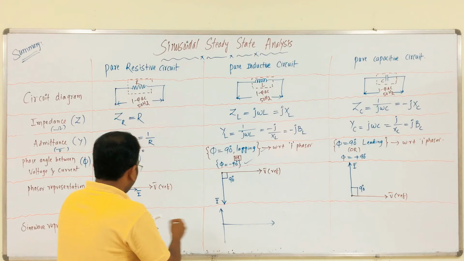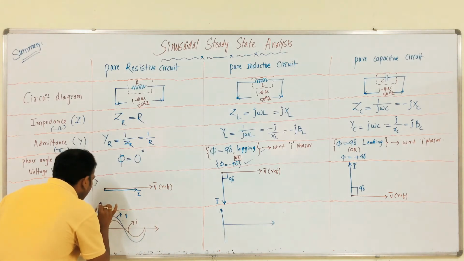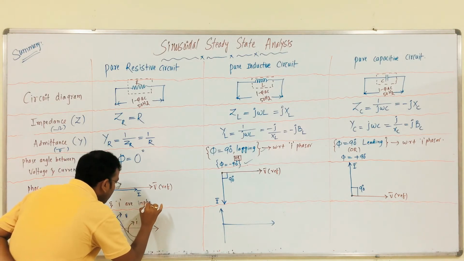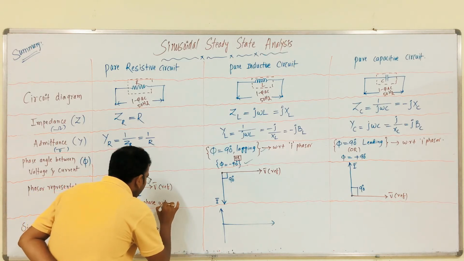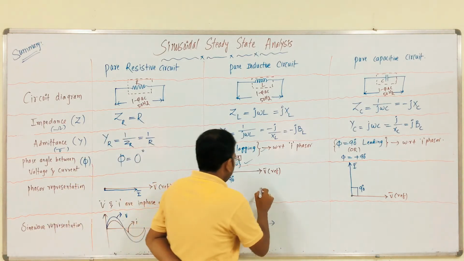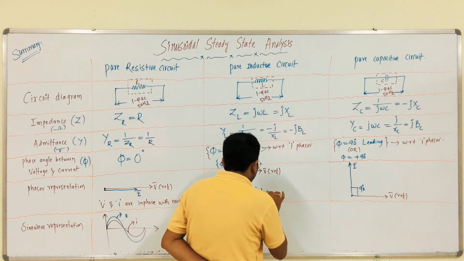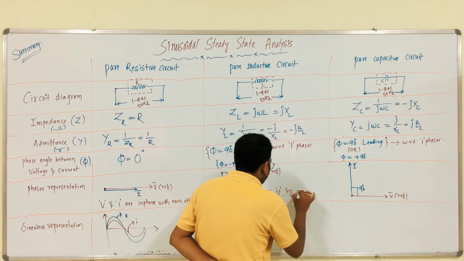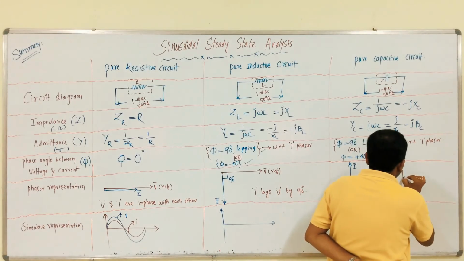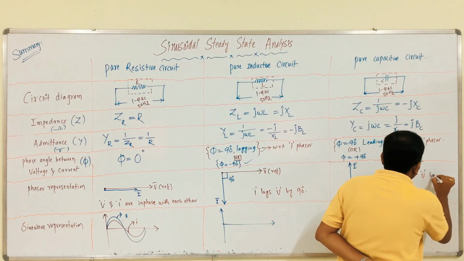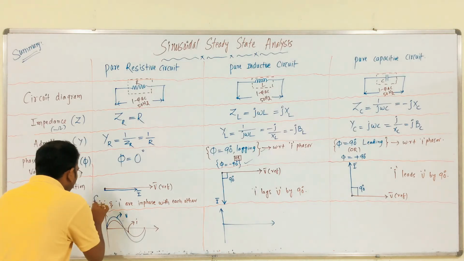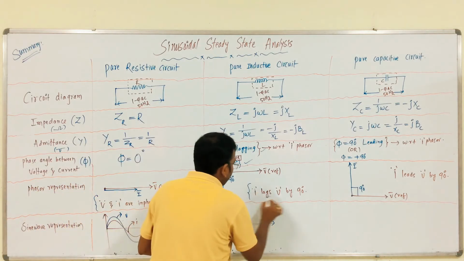Or for the resistive circuit you can write voltage and current are in phase with each other. Okay, clear. Current lags voltage by 90 degrees. Here current leads voltage by 90 degrees. Now it's clear, there is no confusion at all.